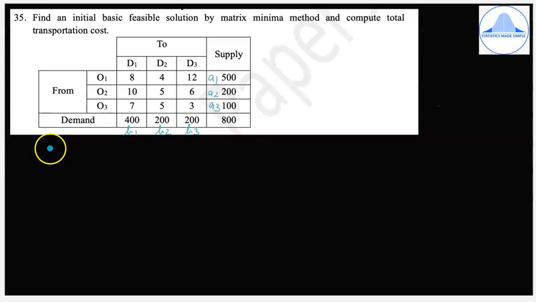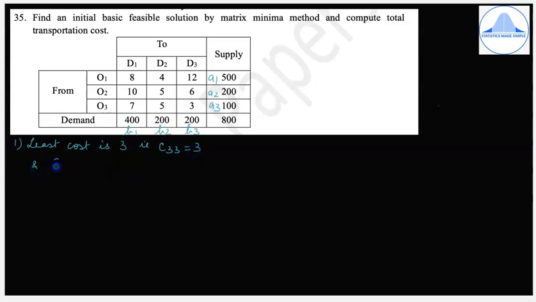So in matrix minima method, we have to find out the least cost. So observe that the first least cost is 3. And this is in the cell 3, 3. So I'll start with the least cost is 3. That is C33 is equal to 3.